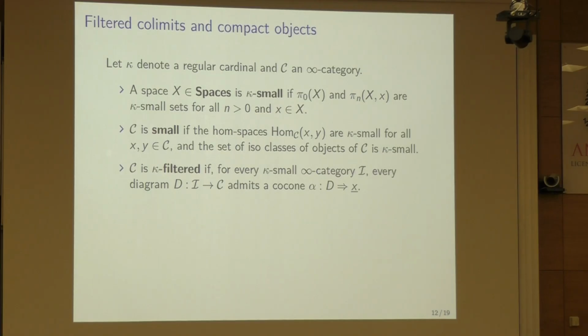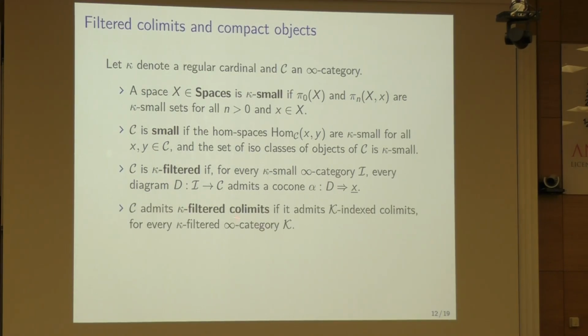And then we need a definition for filtered and compact. A category is filtered if for every kappa small indexing category and every diagram there is a cocone. And then a category admits kappa filtered colimits if it admits colimits indexed by kappa filtered categories.